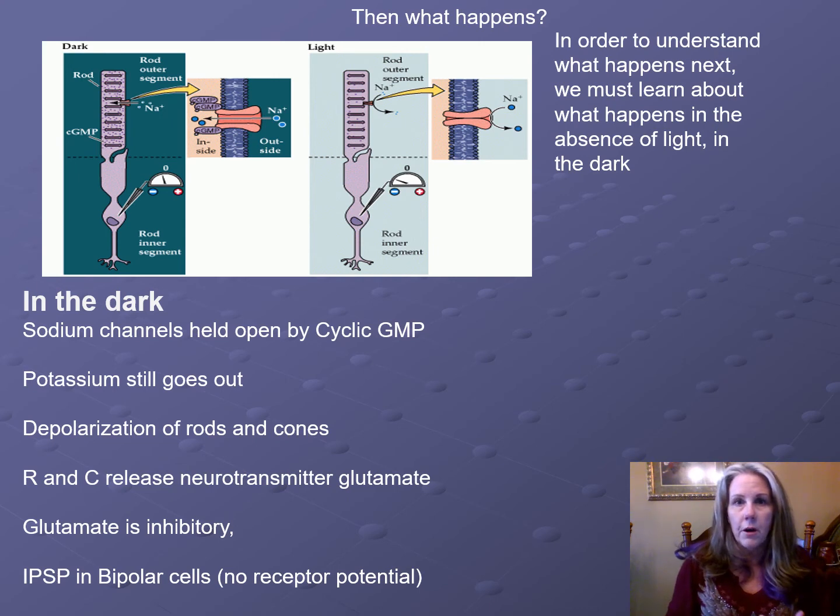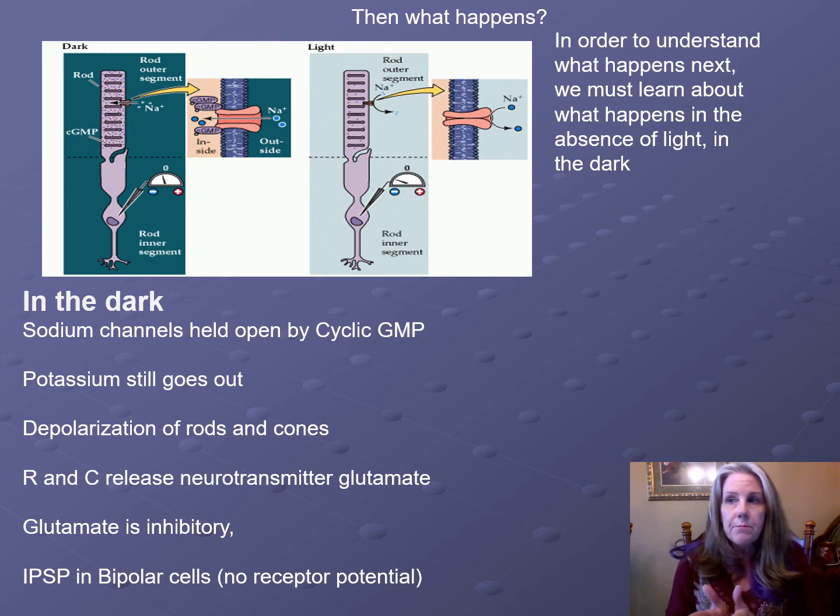We've only done the first part of transduction, and the first part of transduction in a photoreceptor is the absorption of light. You learned about that with the photopigments. The photopigments changed shape. Remember, they broke apart and were reformed. It was a cyclic process. And that's not all that has to happen. That's only the first part.